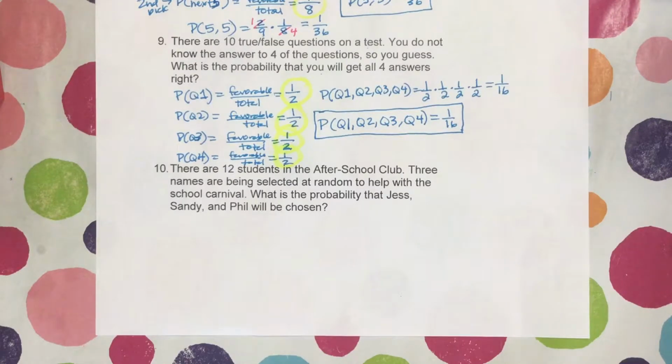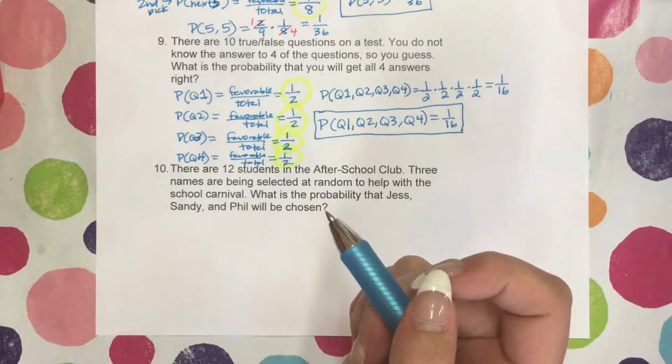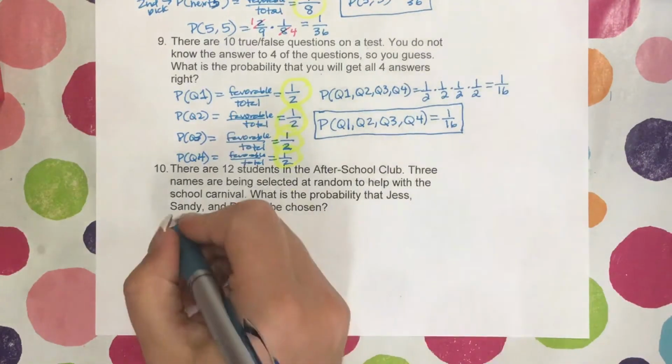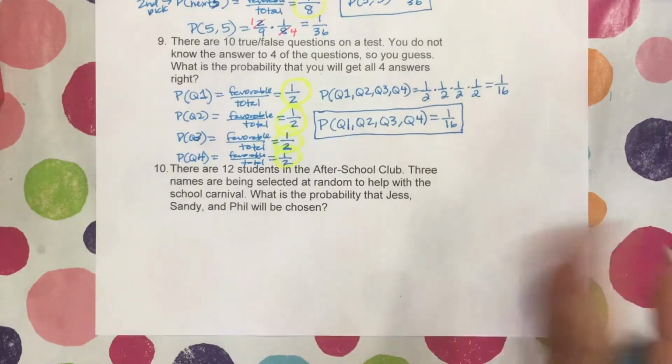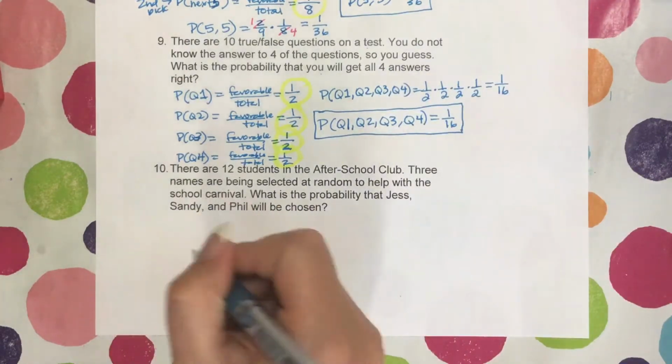Okay, so let's look here. So what's the probability? We'll divide this into picks because there's selections, right? So there's the first selection.